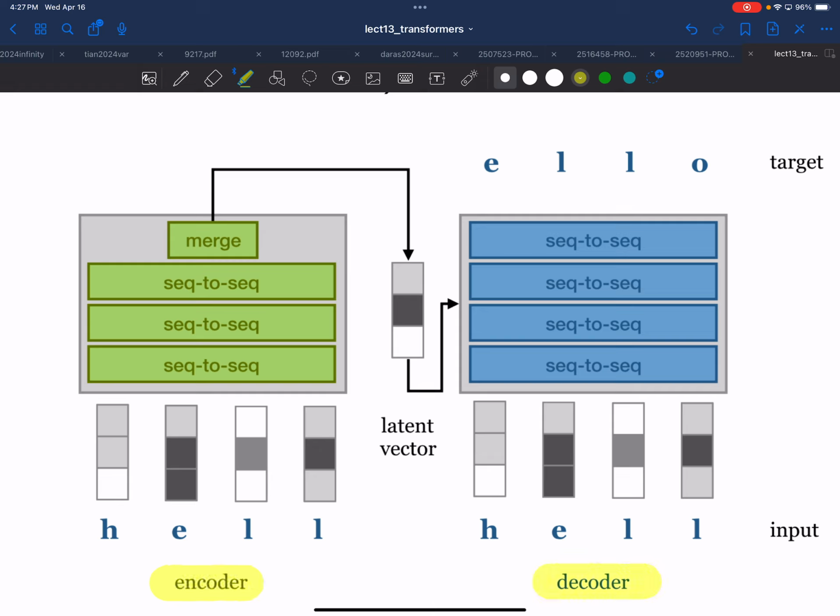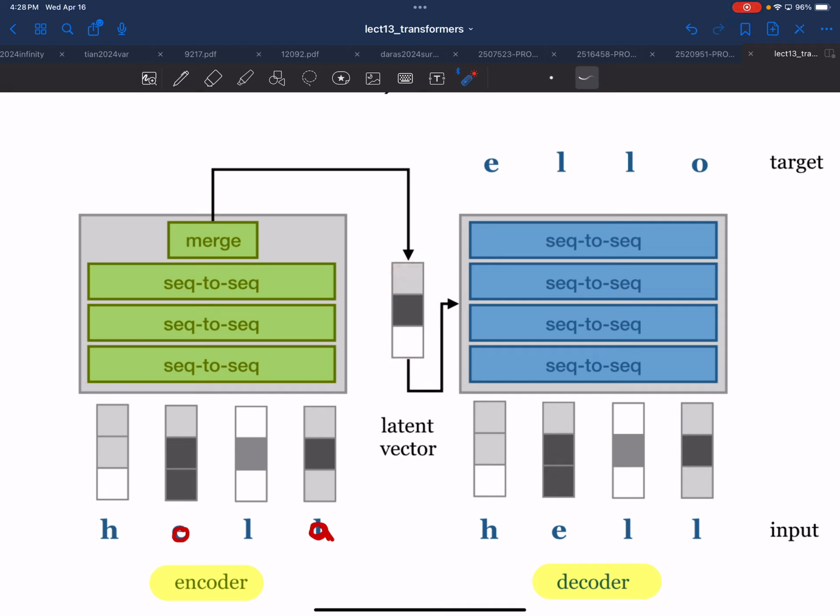The job of the encoder, and maybe I'll change this to HOLA, which is Spanish for hello, is to take in the entire context and understand what this means, and encode that in its own internal language, which is this latent vector. It's basically taking this information and summarizing the meaning of that sentence or word as this.